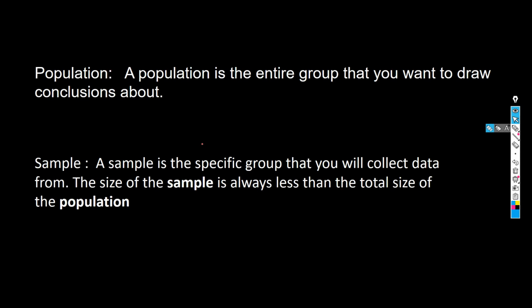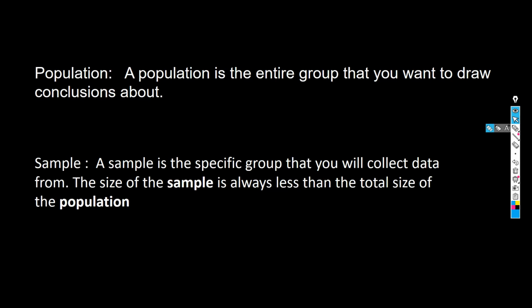So guys, in this video we will see population versus sample. What exactly is a population and what is the meaning of a sample? Let's see the definition first. Population is the entire group that you want to draw a conclusion about. We will see with the help of an example what we mean by population. And a sample is a small portion of your population.